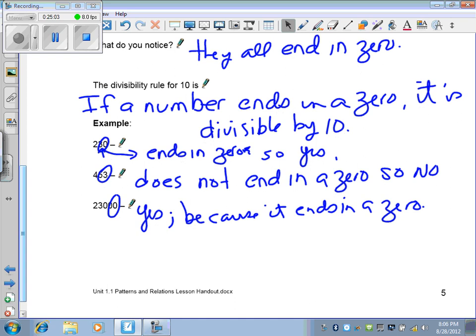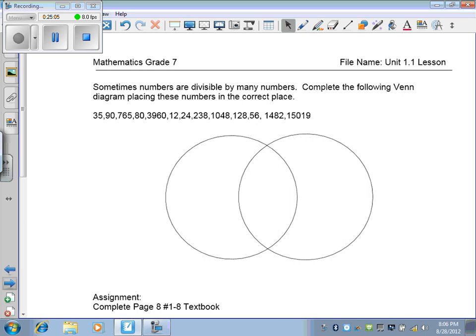So let's do a little bit of an application. What I'm going to do now is set up a Venn diagram. You've got two circles there with an overlapping area. The rule for the first circle is that it has to be divisible by 5. So every number that I put inside this circle has to be divisible by 5.